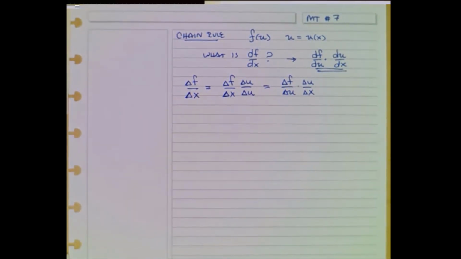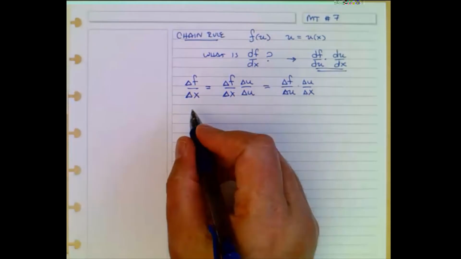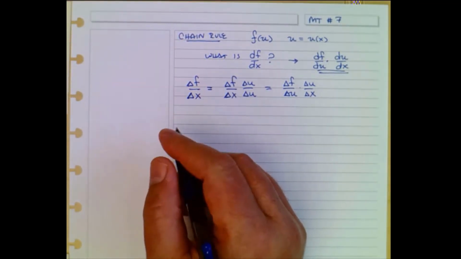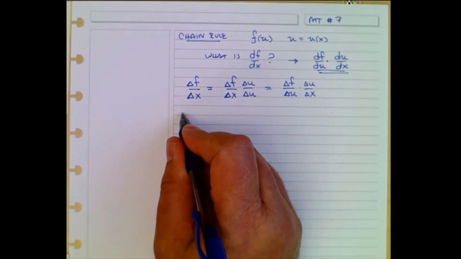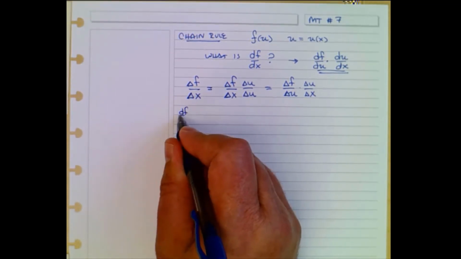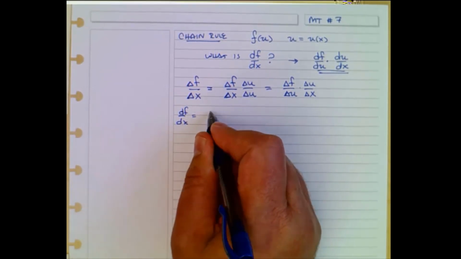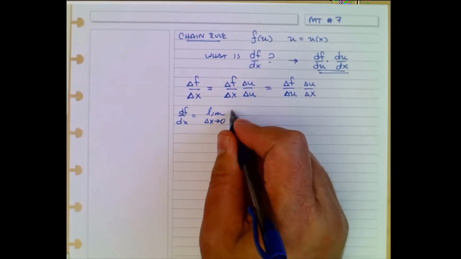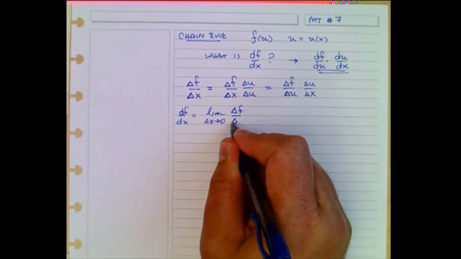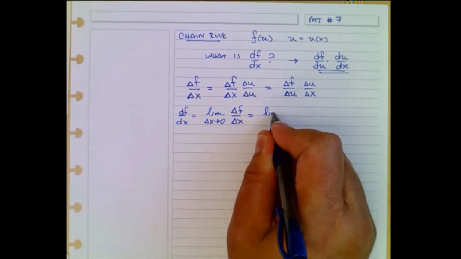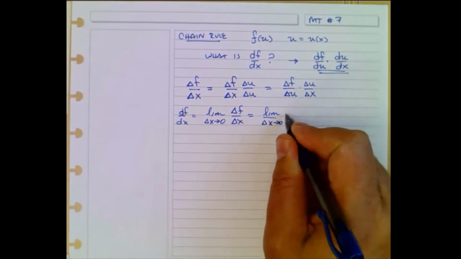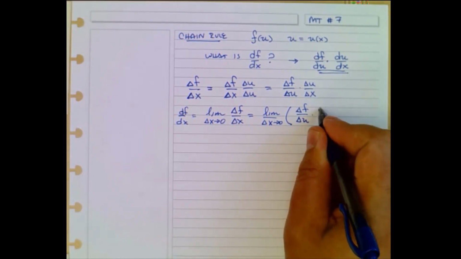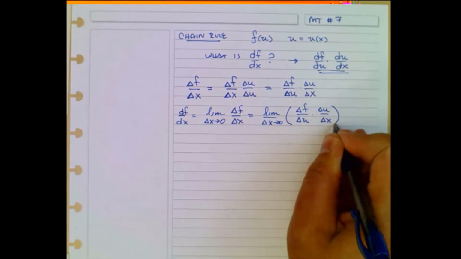But we need to be a little bit more thorough in our discussion. I'm going to remind us of course, df dx, by definition, is the limit as delta x goes to 0 of delta f over delta x. So this is the limit as delta x goes to 0 of delta f divided by delta u times delta u divided by delta x.